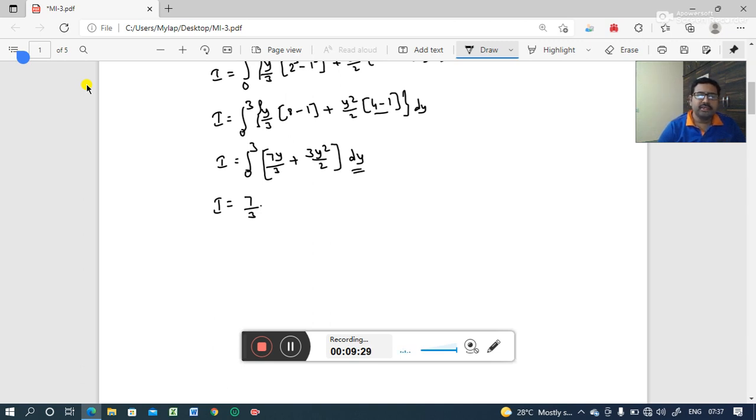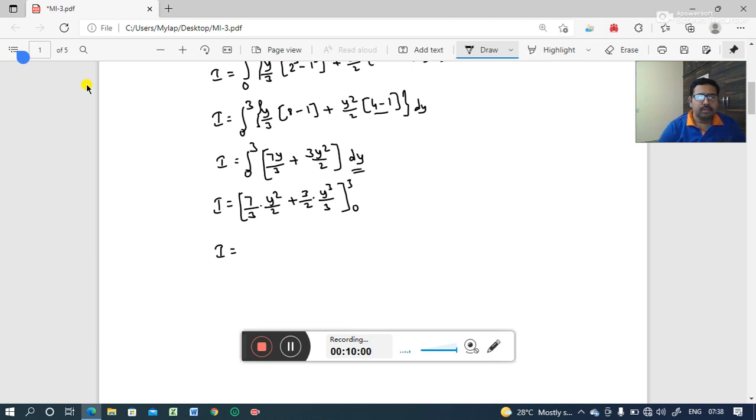Here y integration gives y square by 2, plus 3 by 2 is constant. Y square integration with respect to y gives y cube by 3. And the given limits are 0 to 3. So 0 is the lower limit of y and 3 is the upper limit of y. So now we shall rewrite the above expression.